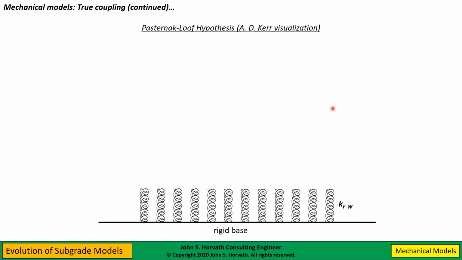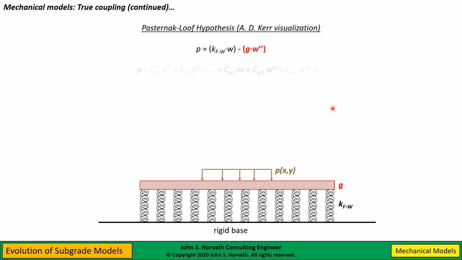We then have a hypothesis, Pasternak in the 1950s, and then a separate researcher some years later named Loof came up with the same hypothesis. They just assumed a mathematical expression. It was Arnold Kerr, the late Professor Arnold Kerr from New York University and University of Delaware, who visualized this as a shear-only layer.